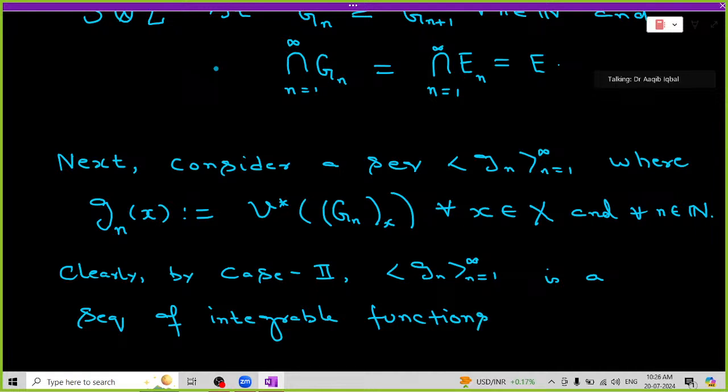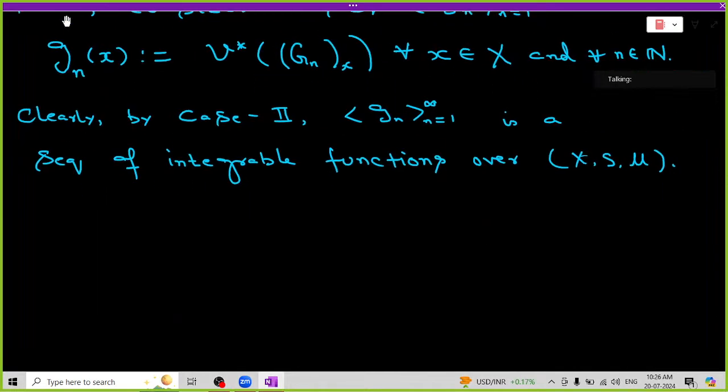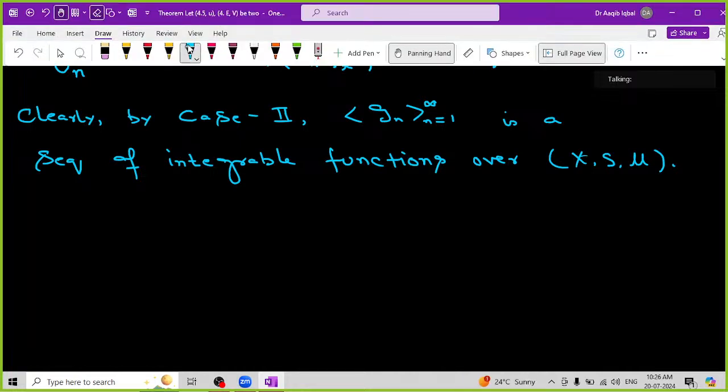It's a sequence of integrable functions.